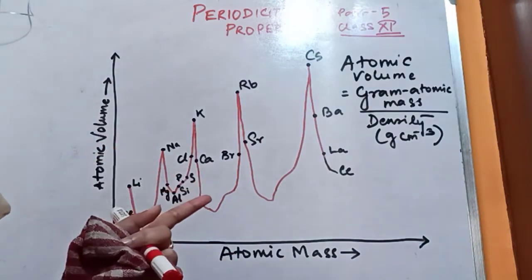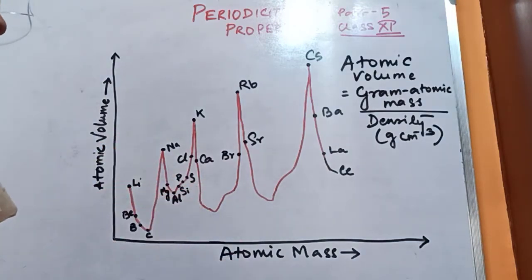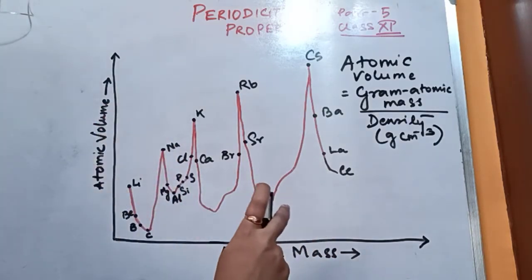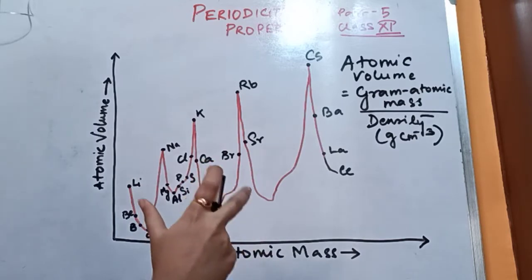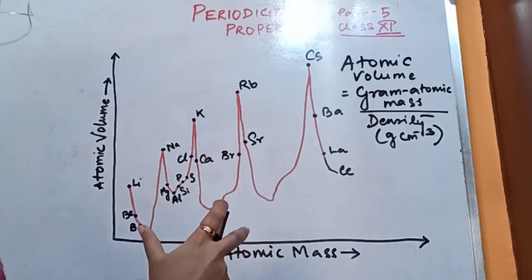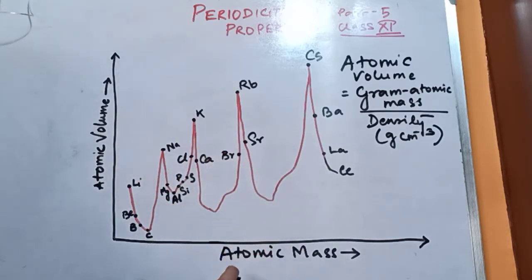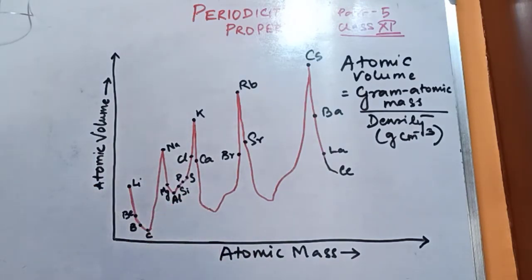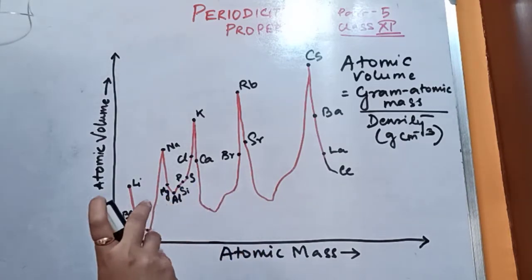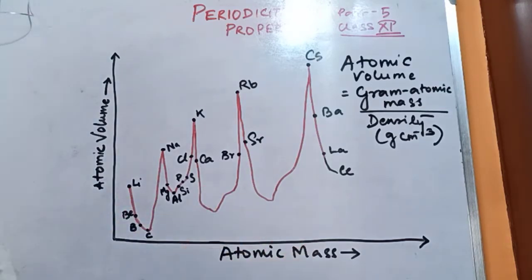This plot is a shorter form of the Lothar Meyer periodic table, which was basically this graph. In your study material, I will attach the actual Lothar Meyer graph. These are the parts you are required to know.